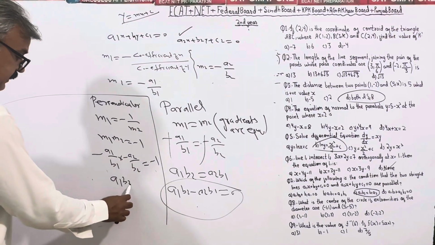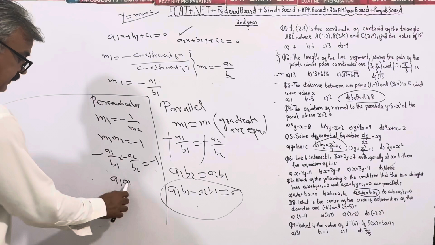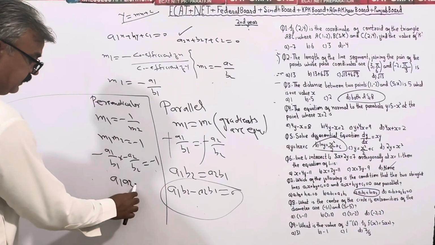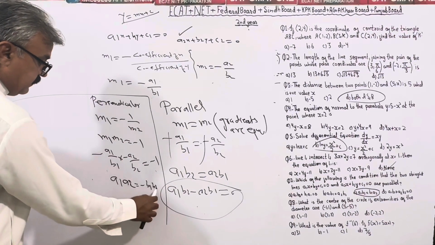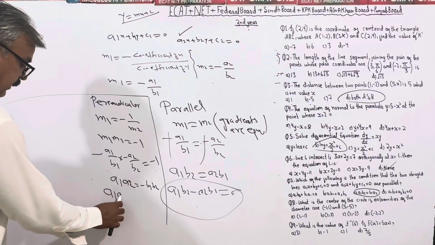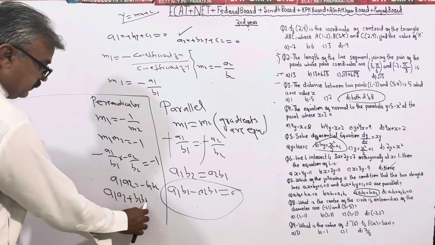It will become a1 a2 equal to negative b1 b2, or a1 a2 plus b1 b2 equals 0.